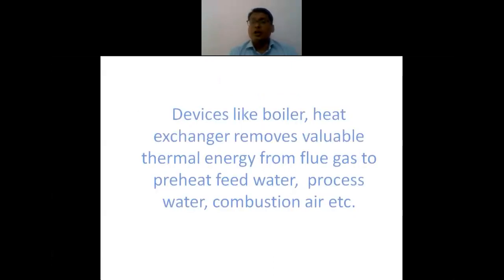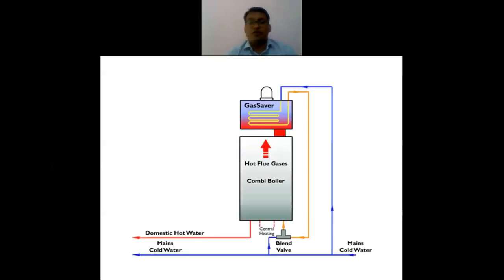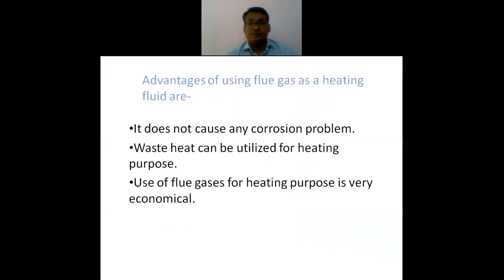So we reduce the flue gas temperature by incorporating a heat exchanger. Devices like boilers and heat exchangers remove this valuable thermal energy from flue gases to preheat the feed water, process water, and combustion air. For these purposes, flue gases are generally preferred.